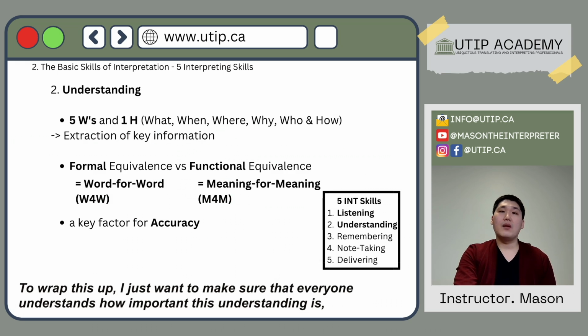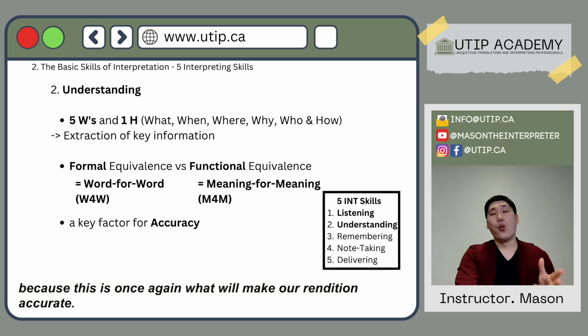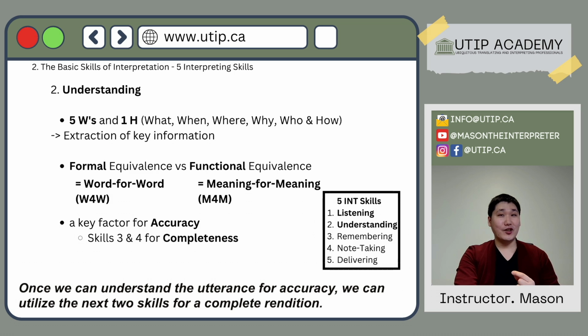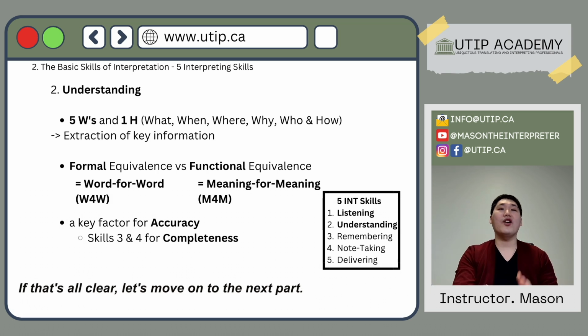To wrap this up, I just want to make sure that everyone understands how important this understanding is because this is once again what will make our rendition accurate. Once we can understand the utterance for accuracy, we can utilize the next two skills for a complete rendition. If that is all clear, let's move on to the next part.